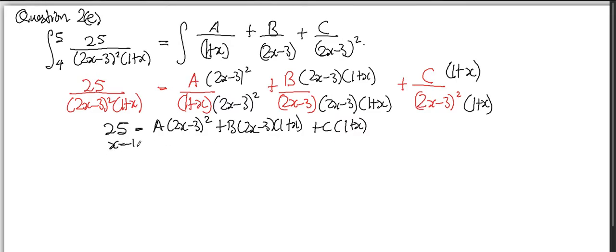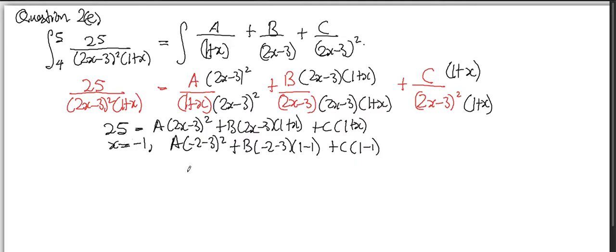When x equals -1, then A(-2 minus 3) squared, plus B(-2 minus 3) times (-1 minus 1), plus C(1 minus 1).